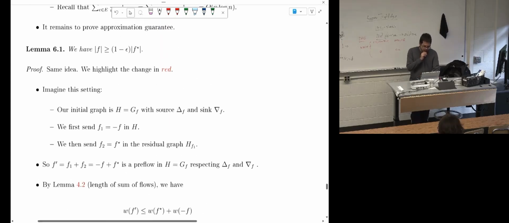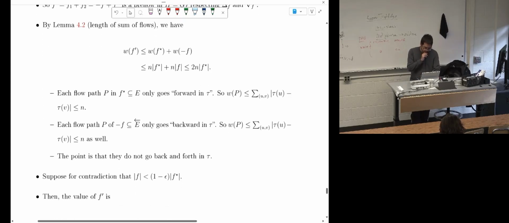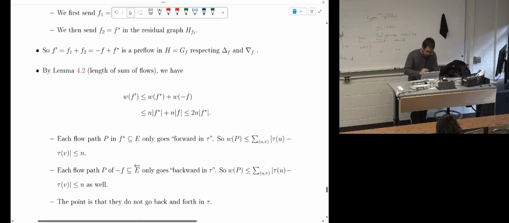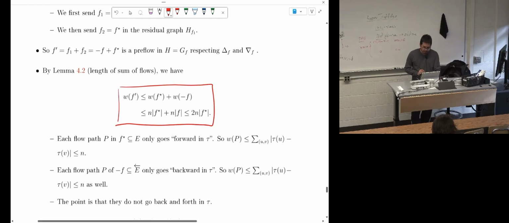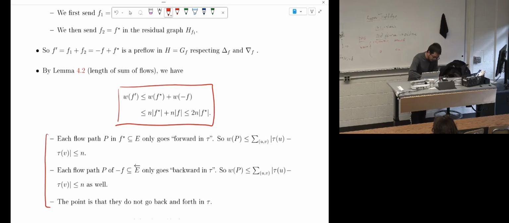I don't know how much I should go over this, but this is a part that I changed. This is the key change in the notes.